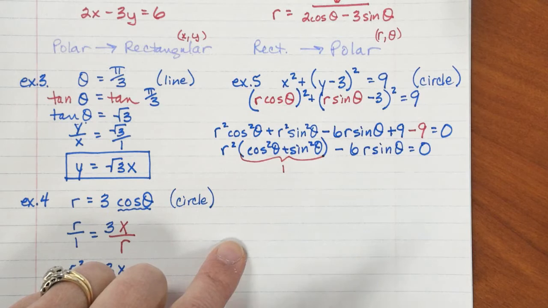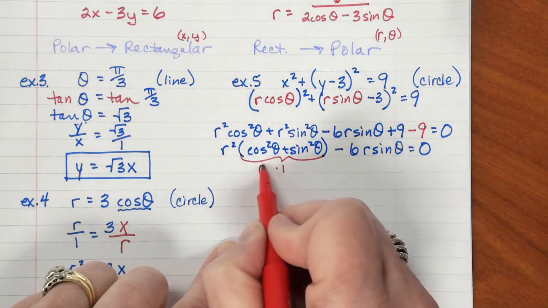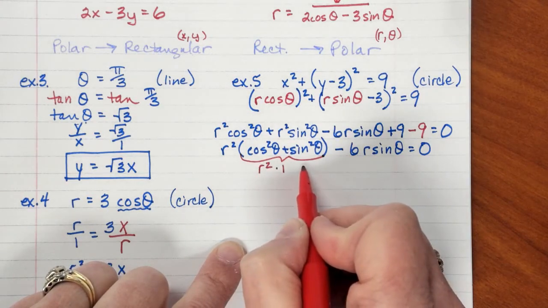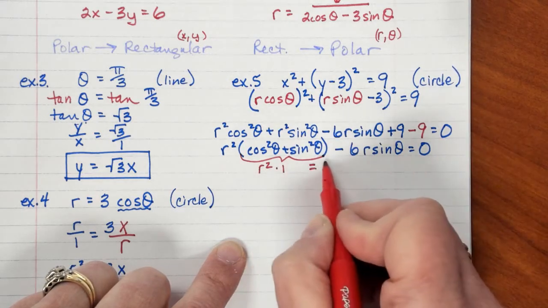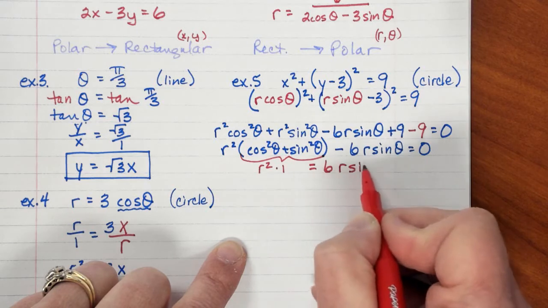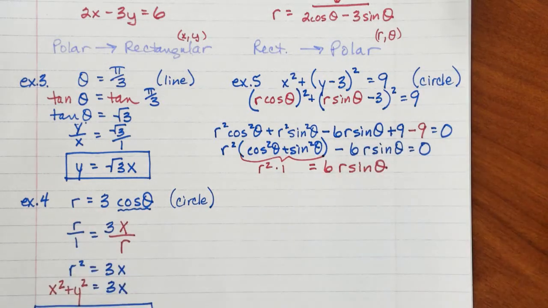So I have r squared equals, I'm going to move this 6r sine theta to the other side. Now I can take both of them. Do you see how both sides have an r?